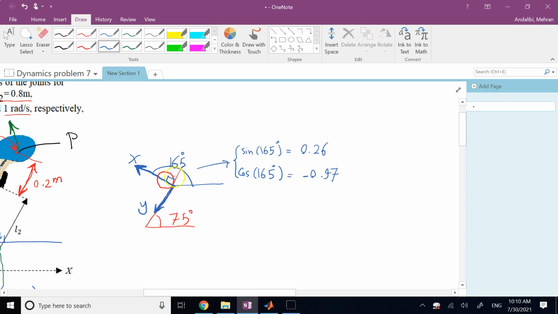So this will give us the unit vector in the x direction, right? And then if I want the unit vector for the y direction, I can find that one as well.